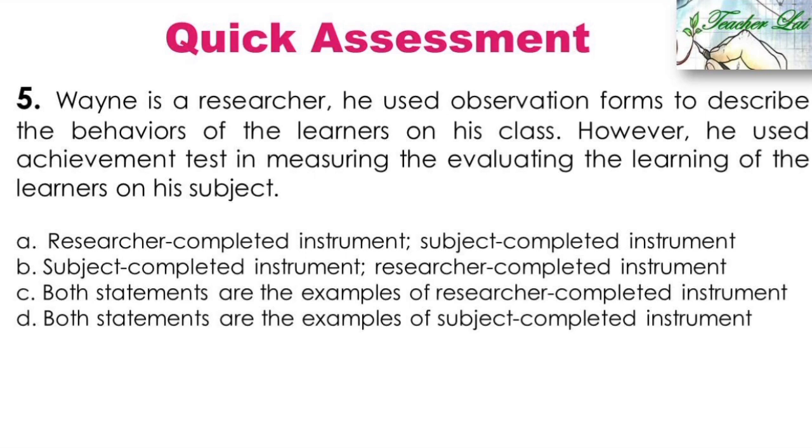Letter B. The first statement is the example of subject-completed instrument, while the second statement is the example of researcher-completed instrument. Letter C. Both statements are the examples of researcher-completed instrument. Or letter D. Both statements are the examples of subject-completed instrument.